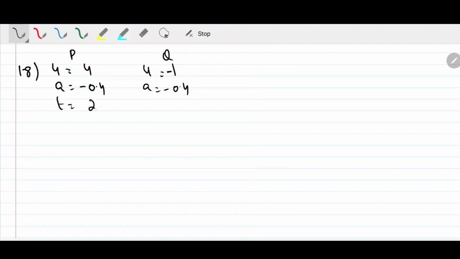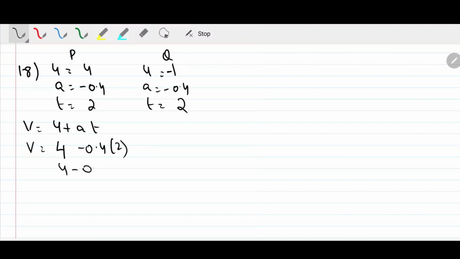Time is 2 seconds. So V is equal to U plus at. V is 4 minus 0.4 into 2, 4 minus 0.8, that is 3.2 meters per second.